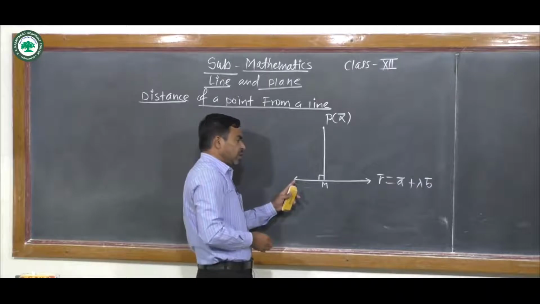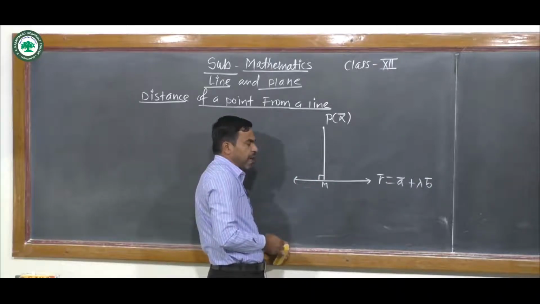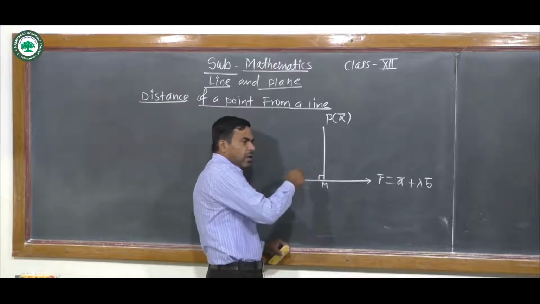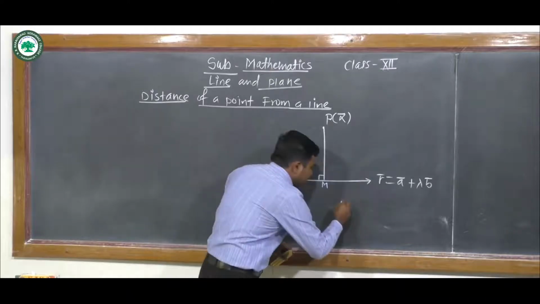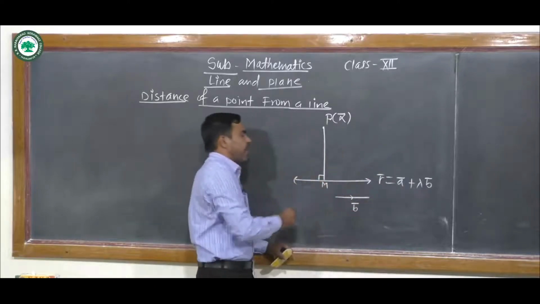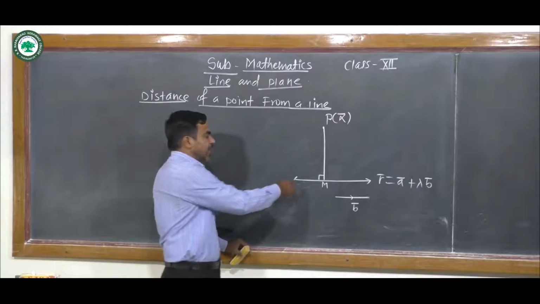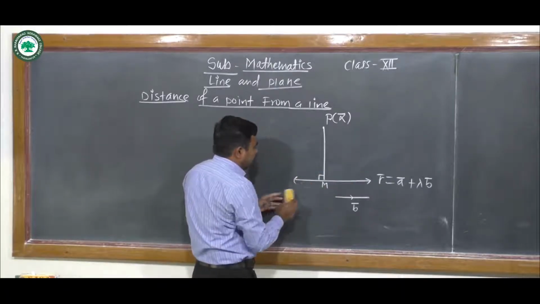Now as the equation of this line is R bar is equal to A bar plus lambda into B bar, it means that a vector parallel to this line is B bar. This is the vector which is parallel to the given line, and this line passes through the point A with position vector A bar.